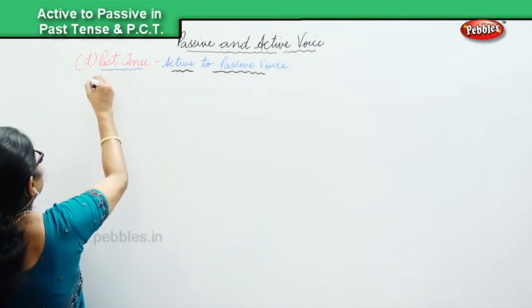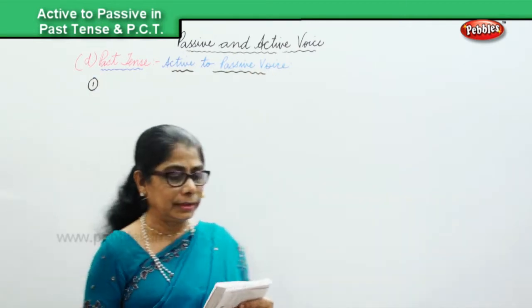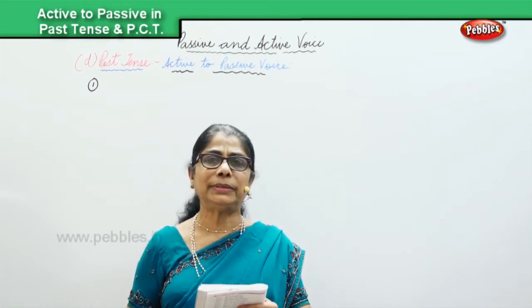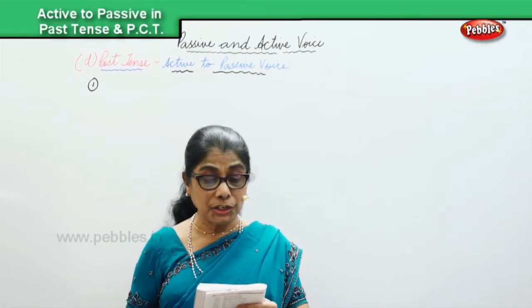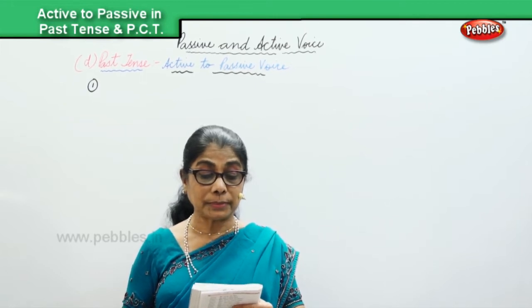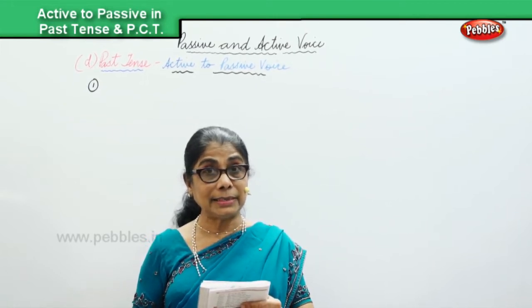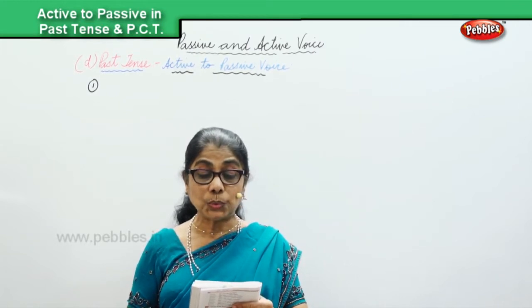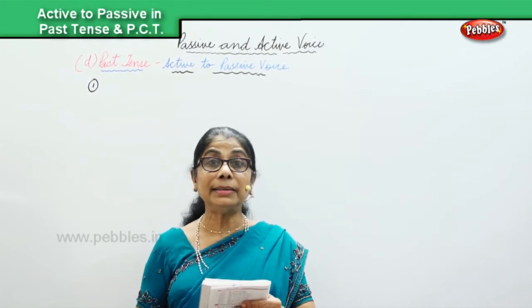Okay, the first sentence I have here is, the teacher punished all the pupils. That's active. The teacher punished all the pupils. So in the past tense, it will be, all the pupils were punished by the teacher.